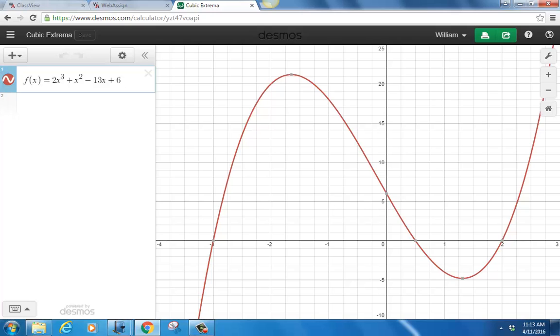What do we notice at those 2 points? The tangent line is what? Horizontal, right. So we're looking for this peak and valley point where the tangent line is horizontal. That's the clue, okay?